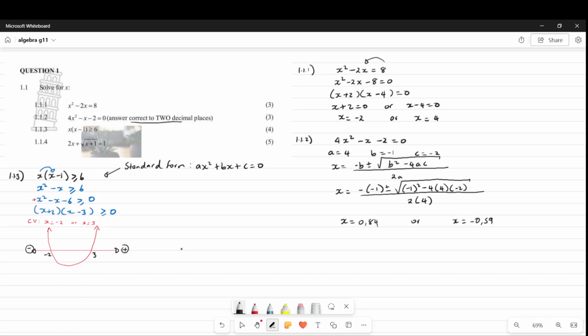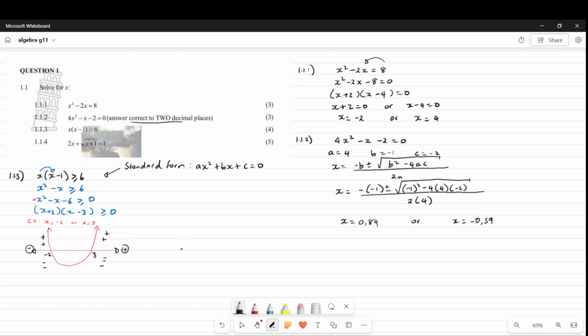So as you can see over here, up here is when the function is positive, and down here is when the function is negative. This side is positive, this side is positive, down here is negative, negative, negative, right? Now, they said x squared minus x minus 6 is greater than 0.